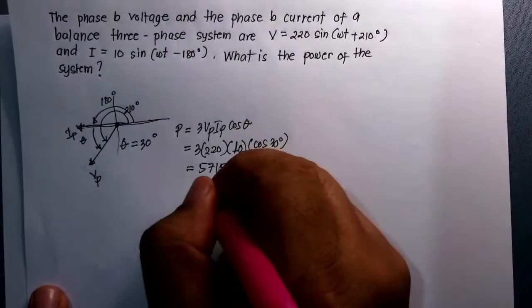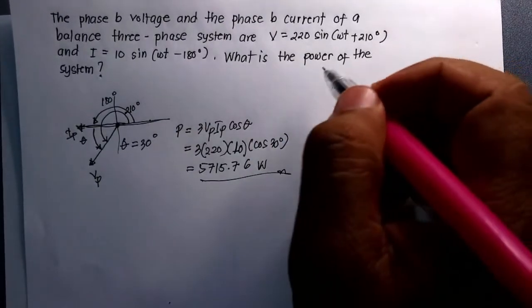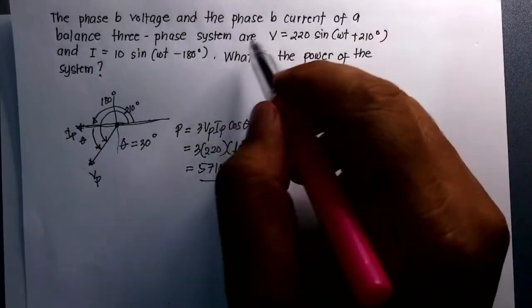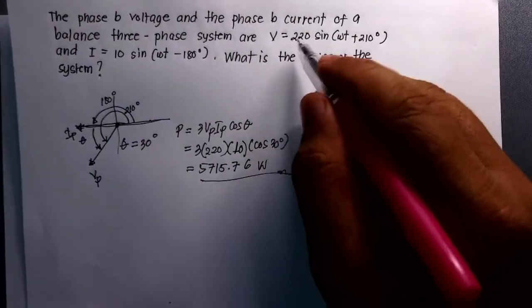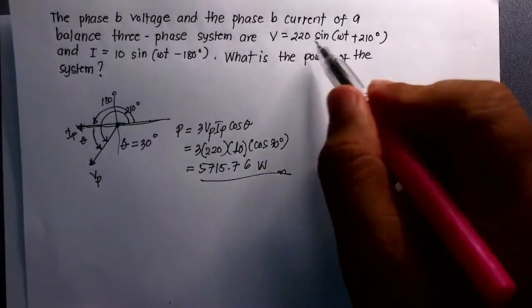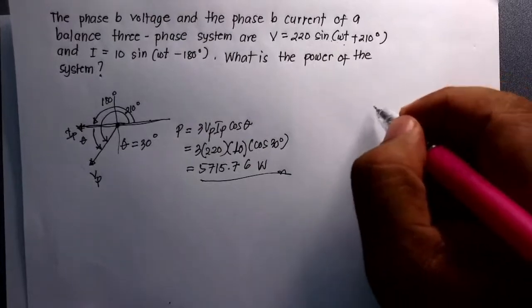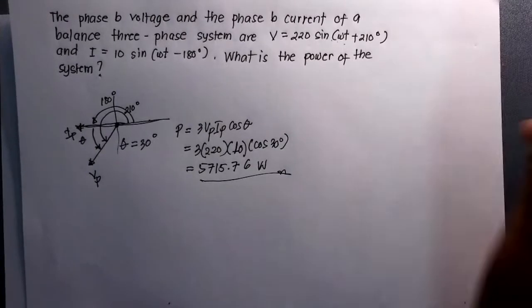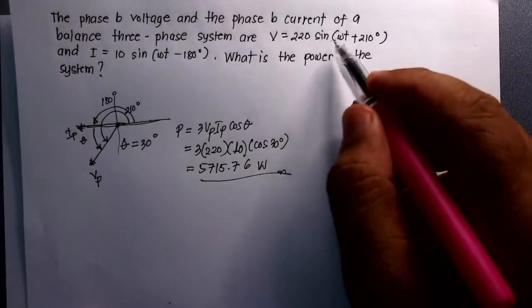Okay, so this is how you do the solution of this problem. You can also do this one: you represent this in phasor form, in the sense that we use the polar form of these values.